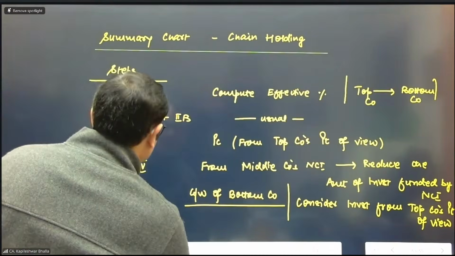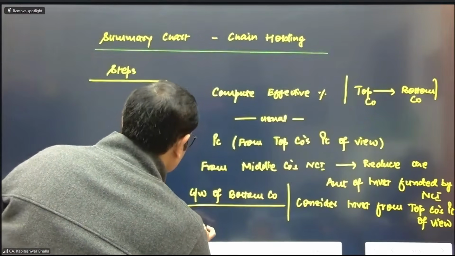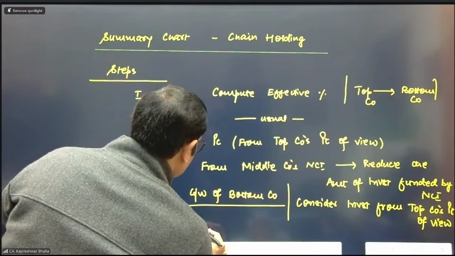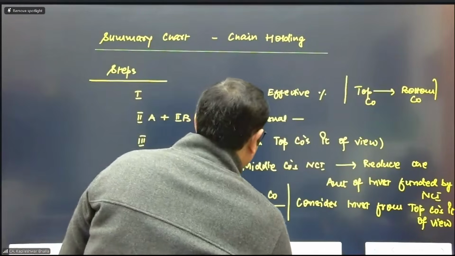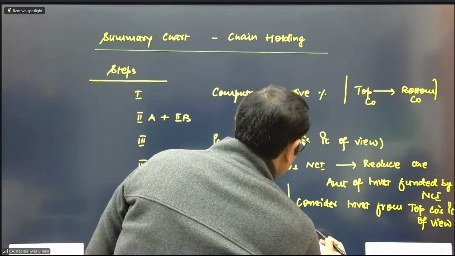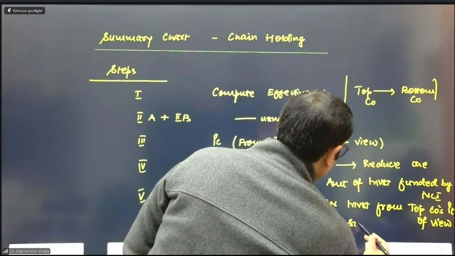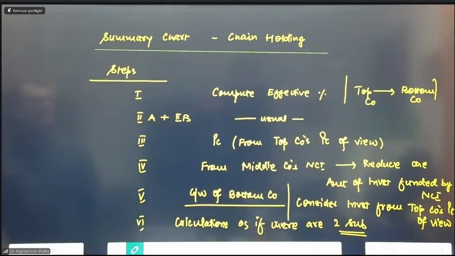And then finally, in terms of step number 6, we need to consider calculations as if there are 2 subsidiaries. So we'll take both the post-acquisition shares from both the companies' point of view.